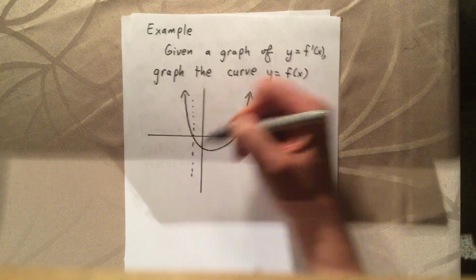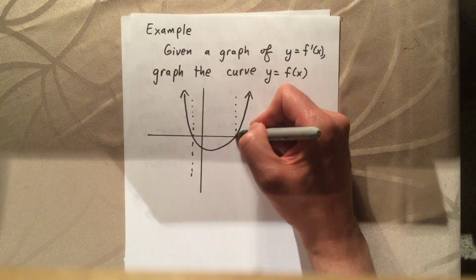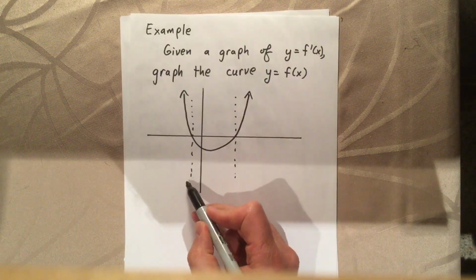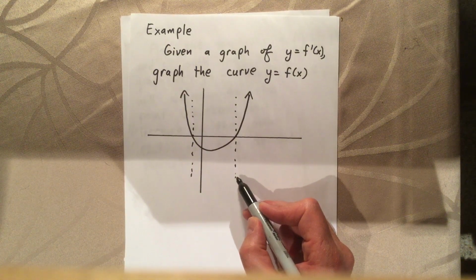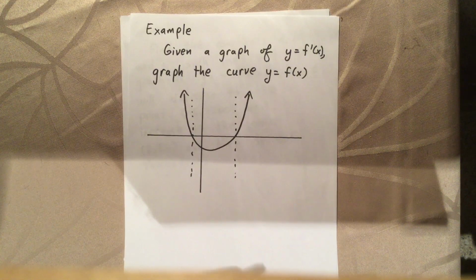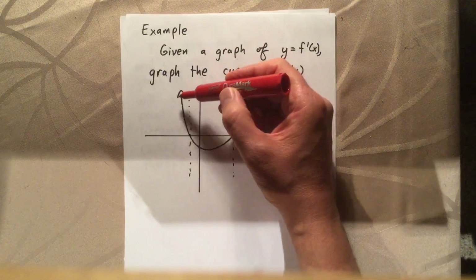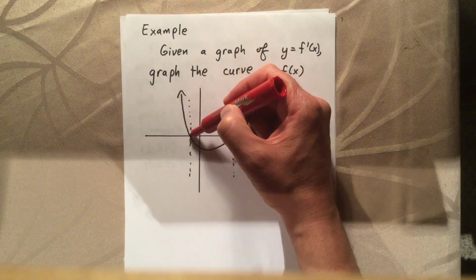So this is an x value of -1 right here, and this is an x value of +3 right here. Now, I see that to the left of an x value of -1, all these y values are positive.